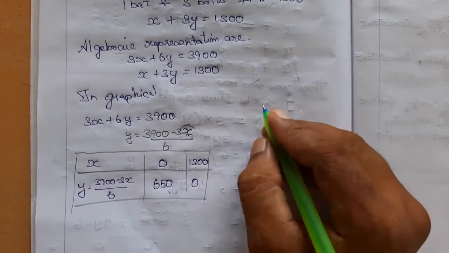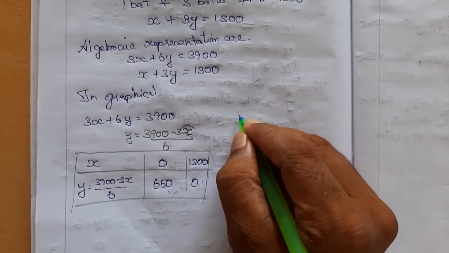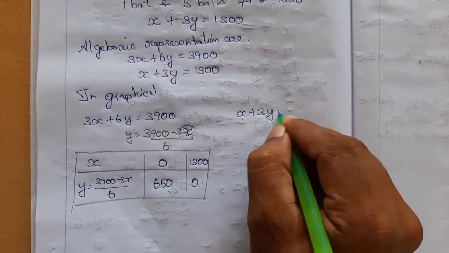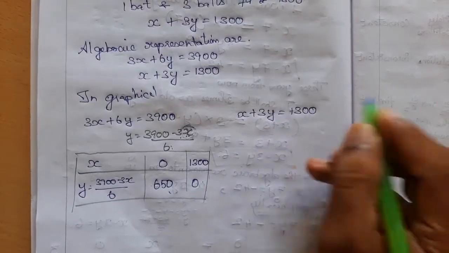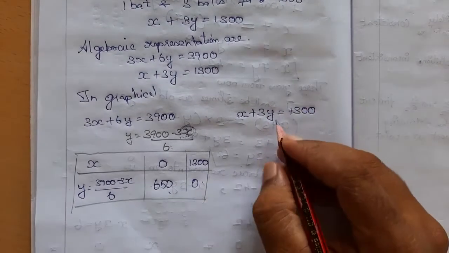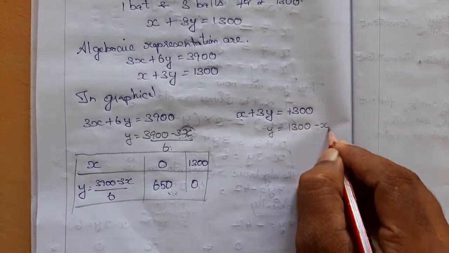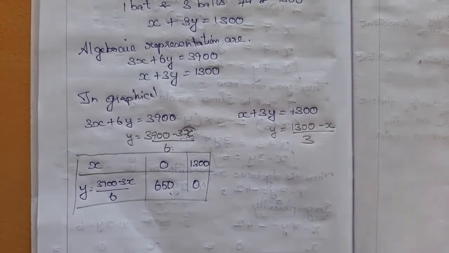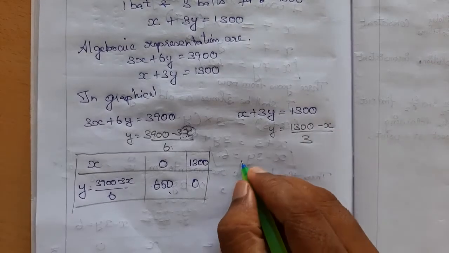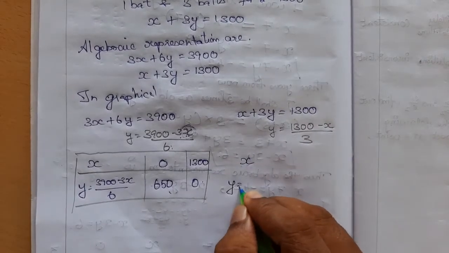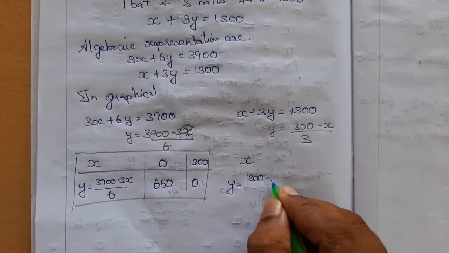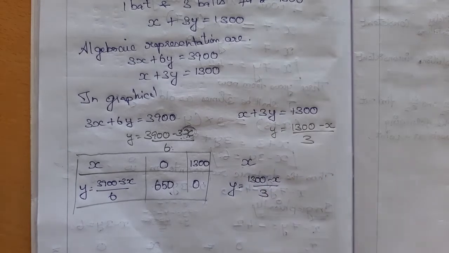Then for the next equation, x plus 3y is equal to 1300, so y is equal to (1300 minus x) by 3. We can consider any value for x, then y will be (1300 minus x) by 3.